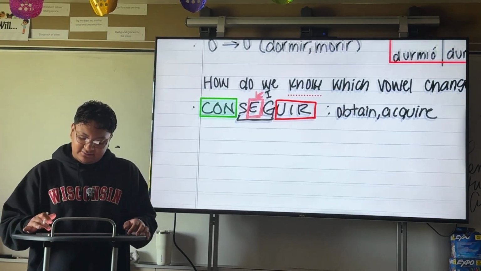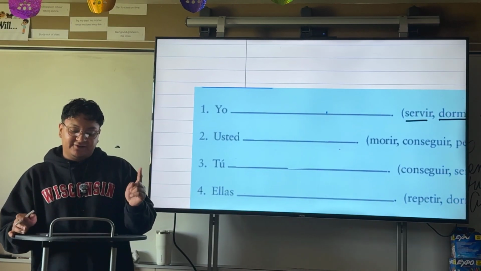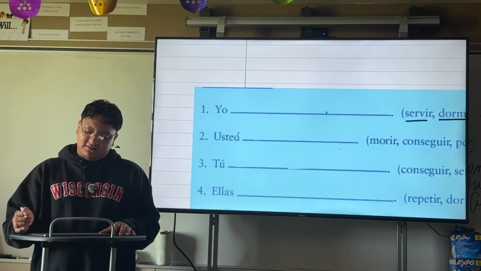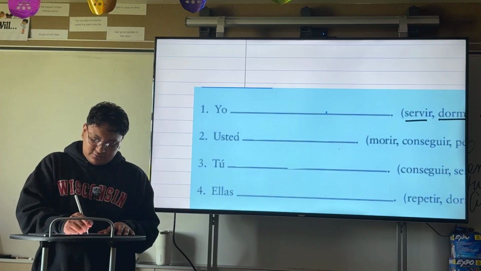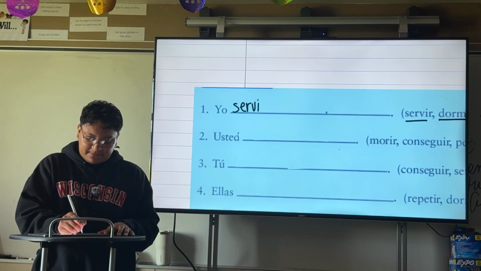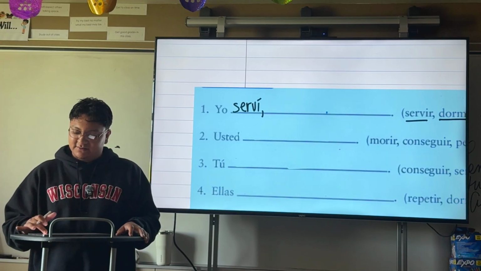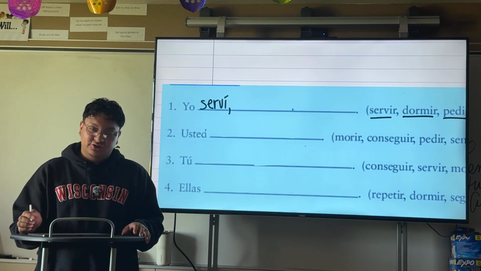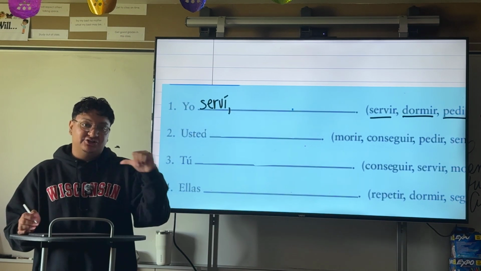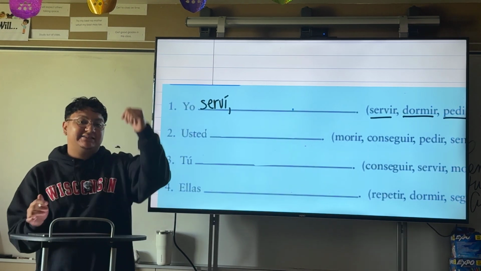So if we go back down, servir is our first word. So it would be yo serví with an accent. Boom, we got one done. Let's do the next one. Dormir. To say I slept, you would say yo dormí. I slept, past tense.